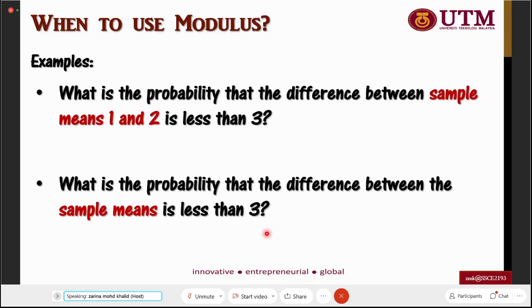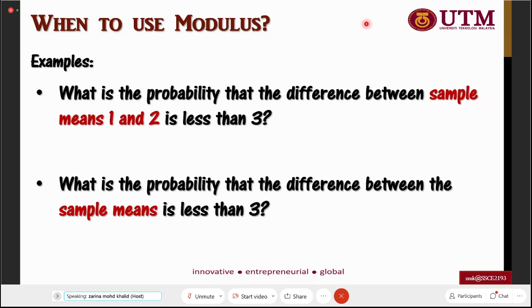Do you think there is any difference in the two questions? Are they the same? They are not the same, guys. Although at times you can have the same answer, but not necessarily every time.